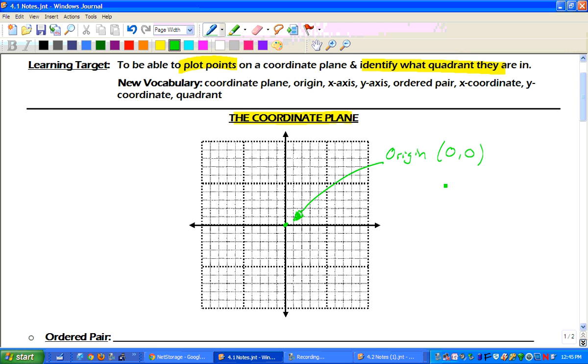Let's see. The x-axis is the line going horizontally, and off to the side we'll write x-axis, and that is the horizontal number line.